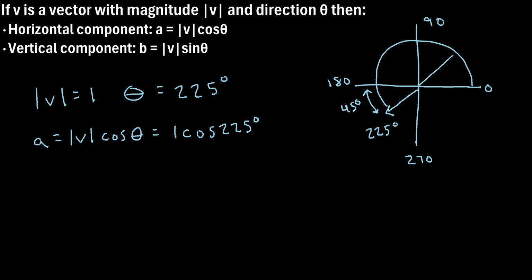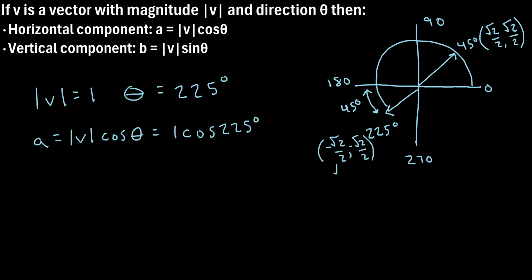So let's think about what are the xy coordinates of 45 degrees. Well, that would be square root of 2 over 2 and square root of 2 over 2. So here over in quadrant 3, both the x and the y are negative. So the xy coordinates of 225 are going to be negative root 2 over 2, comma, negative root 2 over 2.